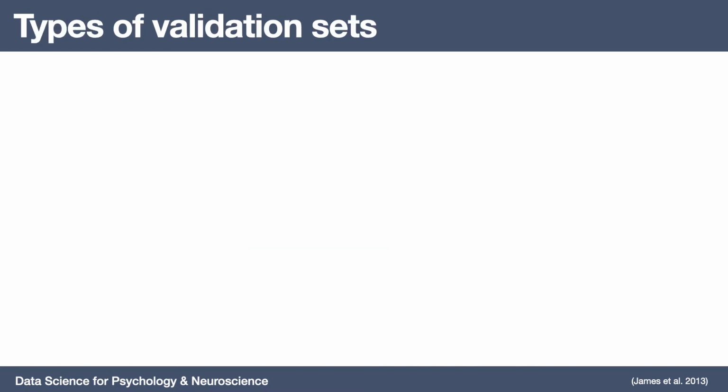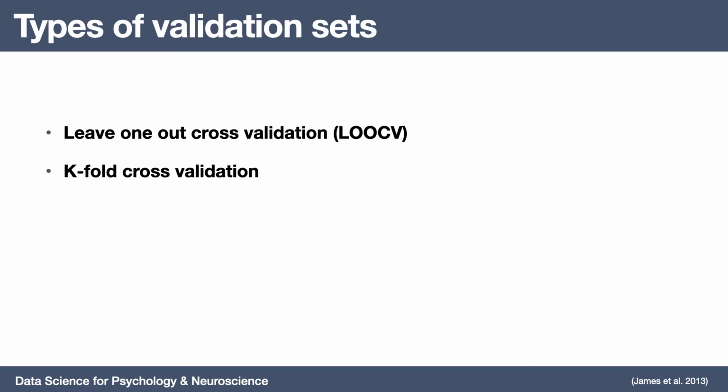Now we're going to go over two types of cross-validation approaches, and they're actually two variants of the same thing. First, we'll go over leave one out cross-validation, and then we'll go over k-fold cross-validation. Keep in mind that these are just two variants of the same thing, and I'll explain at the end of the lecture how.